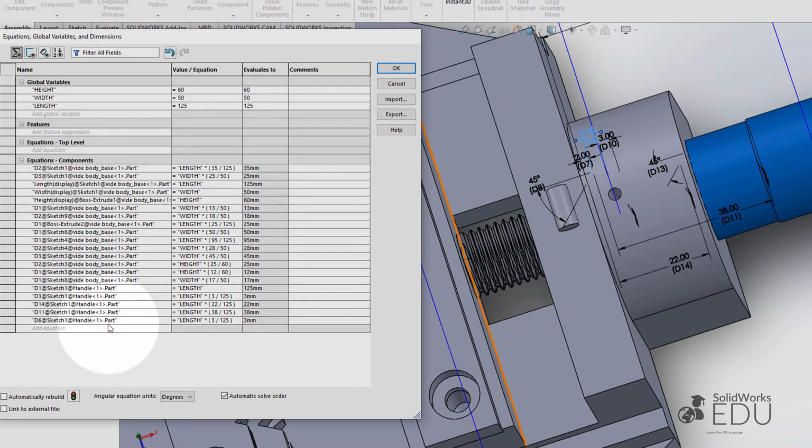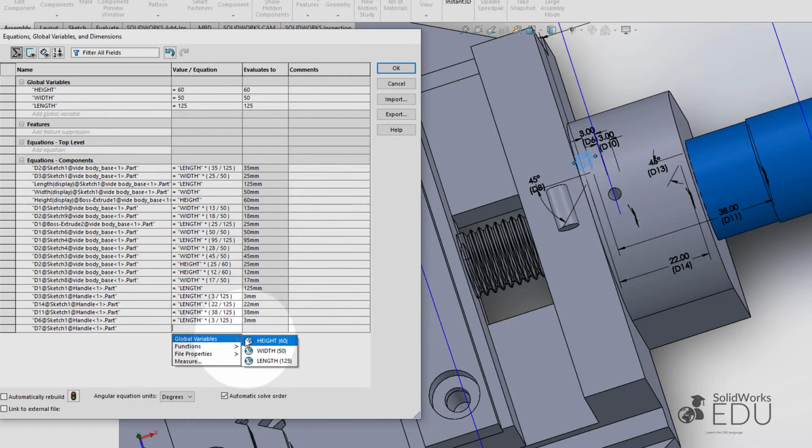Enter. Equal to length, parentheses, 2 divided by 125. So this visualization is correct.